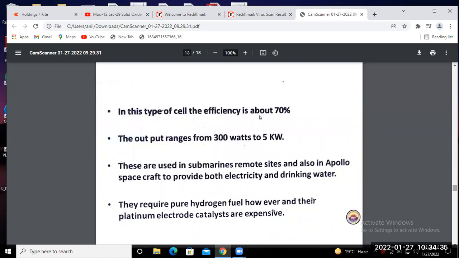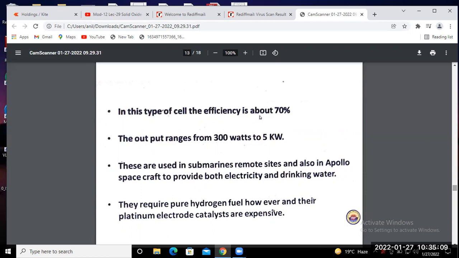So talking about the alkaline fuel cell, up to which power rating we can use this type of fuel cell: it starts from low power to almost 5 kilowatt. This is the range of power for the alkaline fuel cell, and we may consider the efficiency to be about 70%.